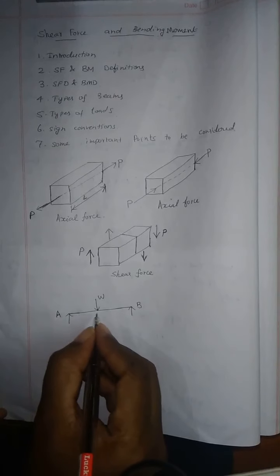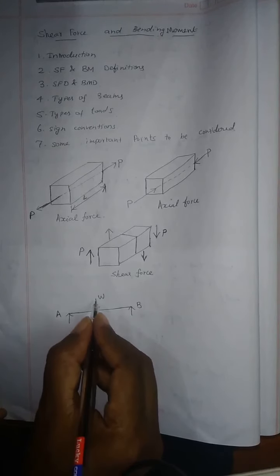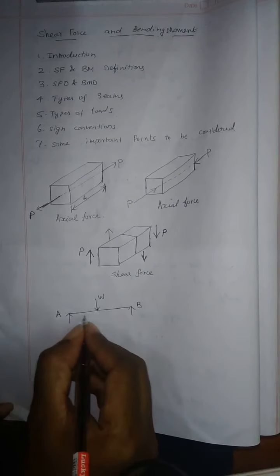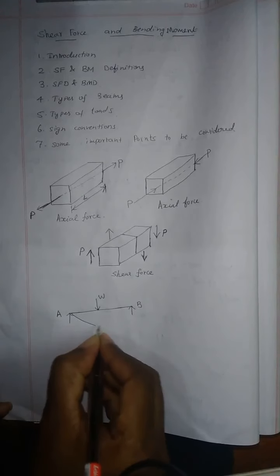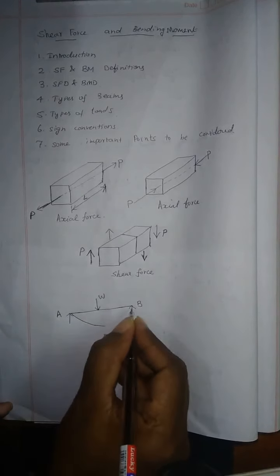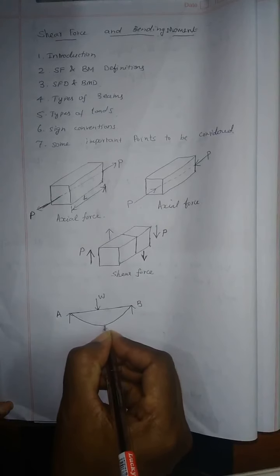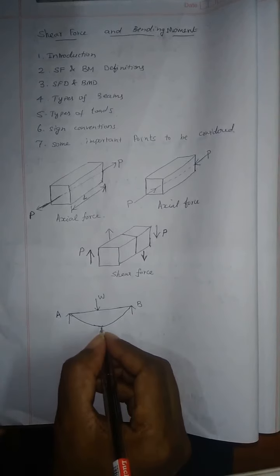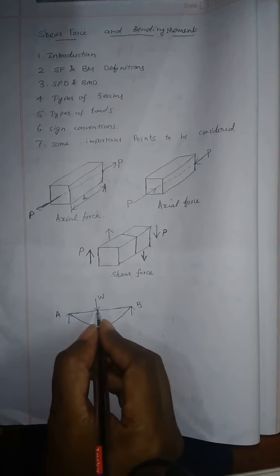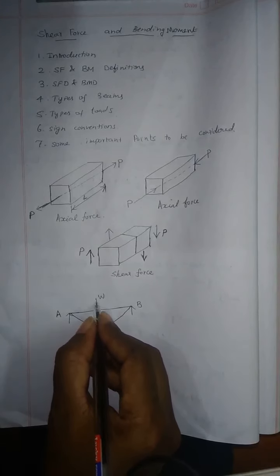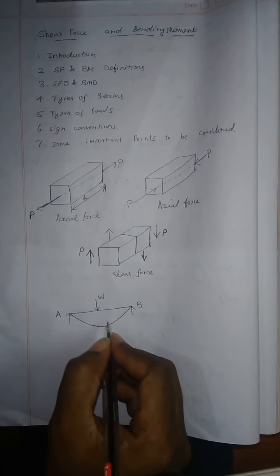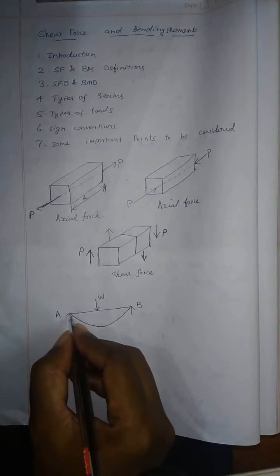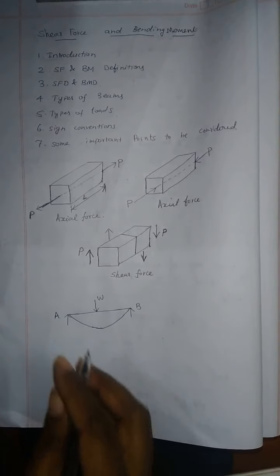The beam may fail because of this force, that is shear force, or else this beam may bend. If we are saying that a beam is failing, it is not necessary that it breaks. Even if it is getting bent, we can say that the beam is getting failed. So the force which is making the beam to break is known as shear force, and the force which is making the beam to bend is known as bending moment.